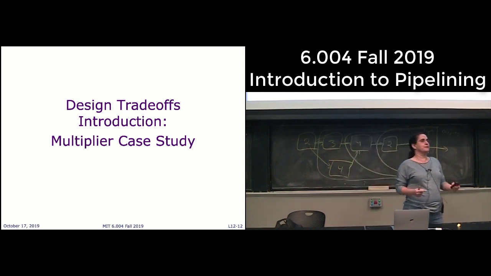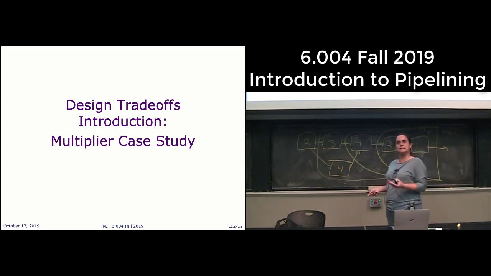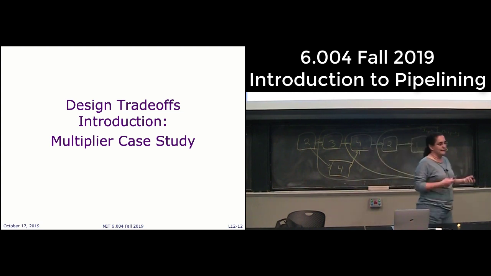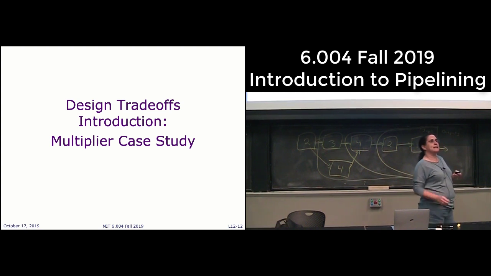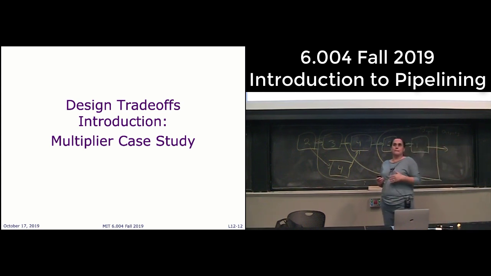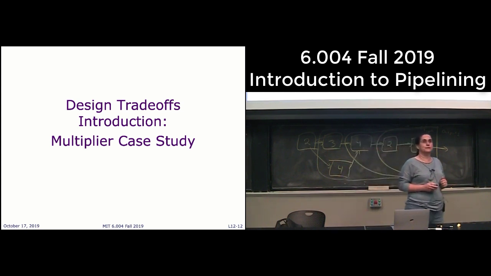So we're going to consider a combinational implementation, we're going to consider a pipeline implementation, and another variation of that. The idea here is to give you a sense for how your performance can change depending on how you go about implementing these more complex circuits.